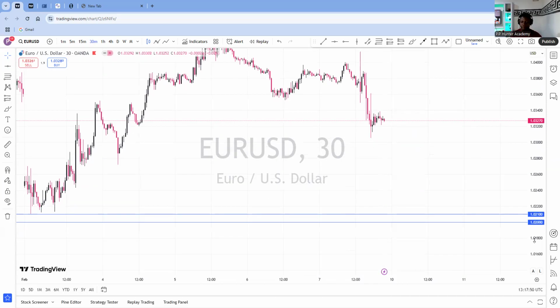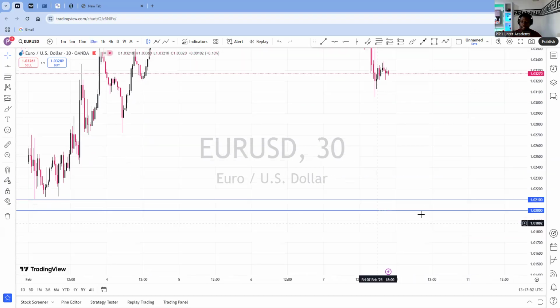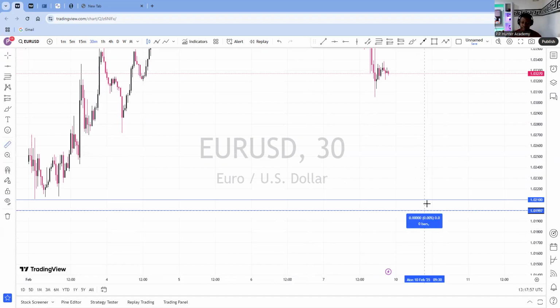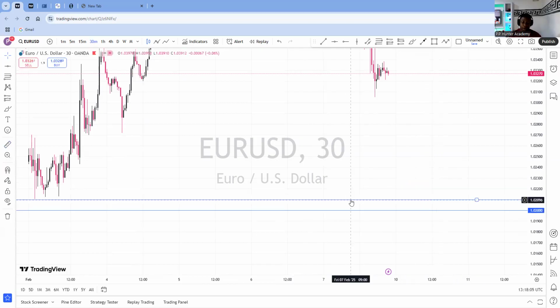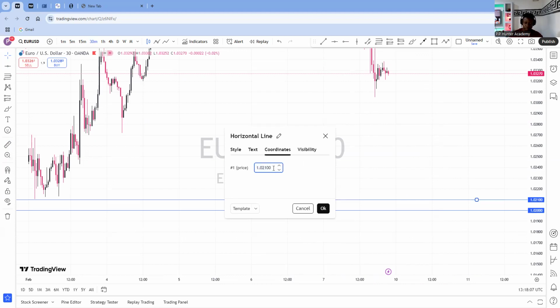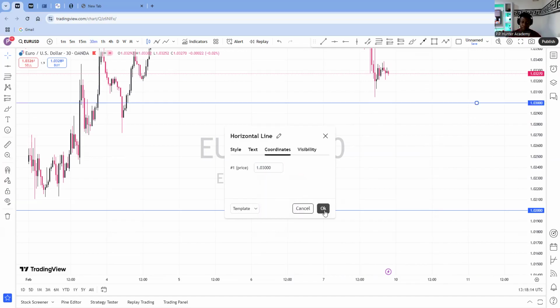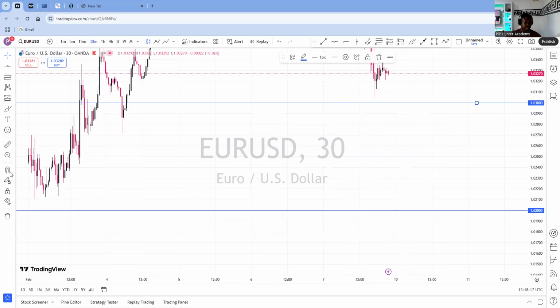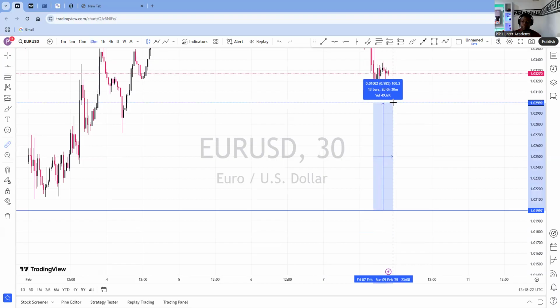Yep, here it is. How many pips? Exactly. So you see that we have 10 pips right here. What about 1.0300? This is the 100 pips movement. So let's confirm. Exactly, 100 pips.